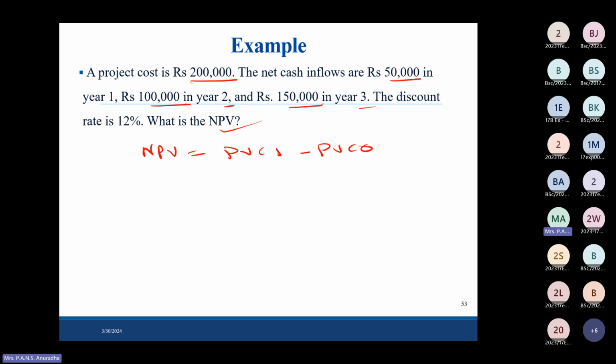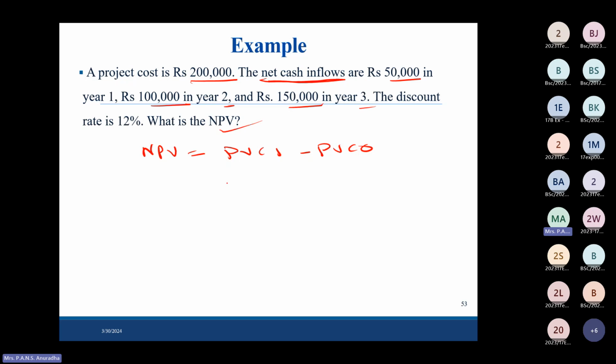So this is a 3-year project. Net cash inflows are given, right? Look at these net cash inflows. After considering cash inflows and outflows, the net effect is given. Year 1, 50,000, year 2, 100,000, year 3, 150,000.